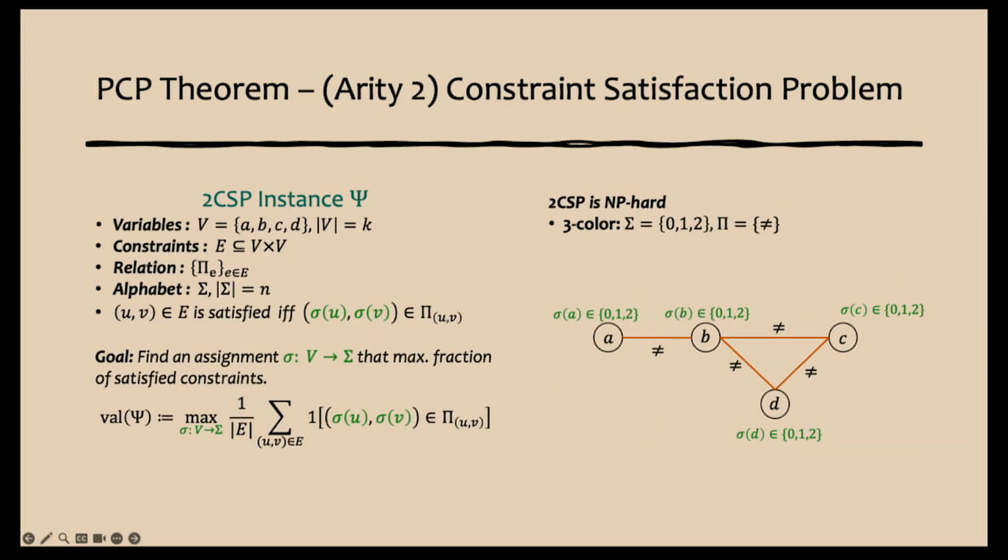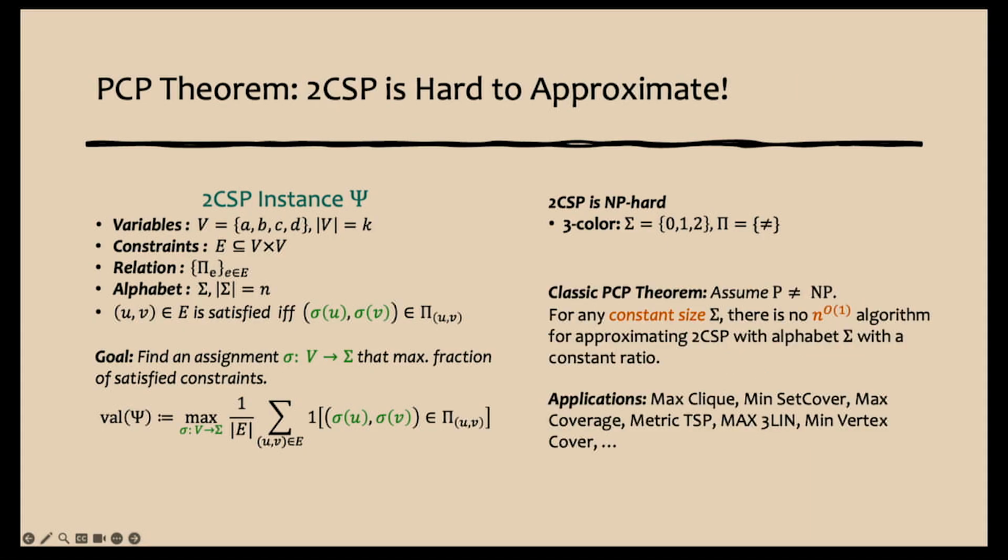As a concrete example, we consider 3-color, which is just a 2CSP problem with alphabet 0, 1, 2, and the constraint relation is just inequality. This proves that 2CSP is NP-hard. So what about approximating 2CSP? This is exactly what the PCP theorem targets.